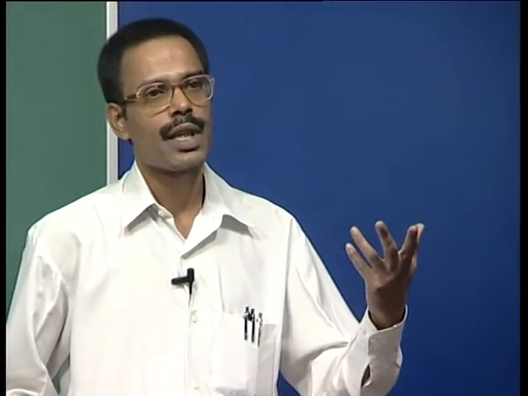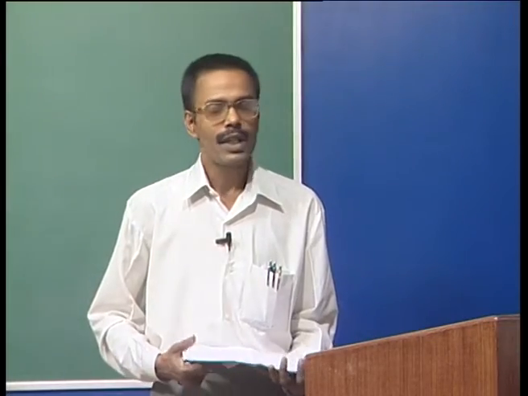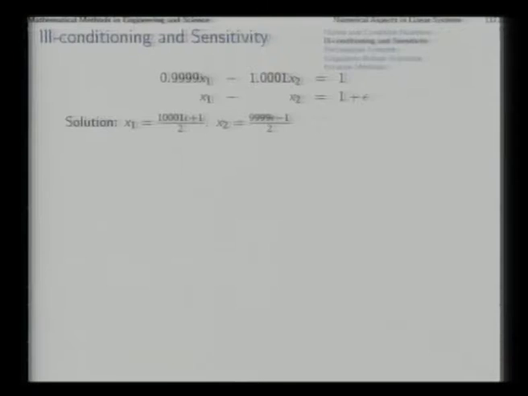Now, why is this situation of large condition number called ill conditioned? In what sense is it ill? To see that, let us consider a small example. Here we have two equations: 0.9999 x1 minus 1.0001 x2 equal to 1, and x1 minus x2 equal to 1 plus epsilon.